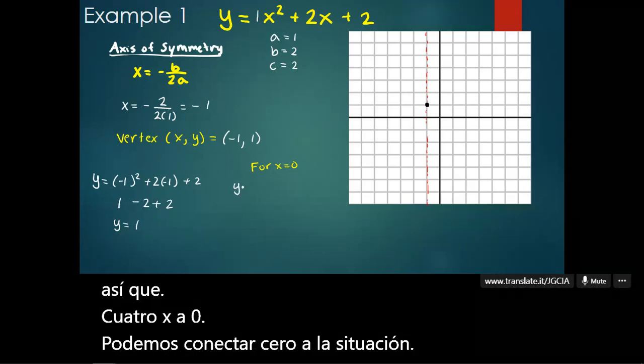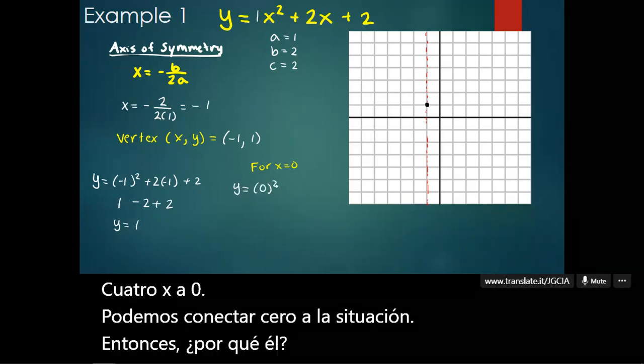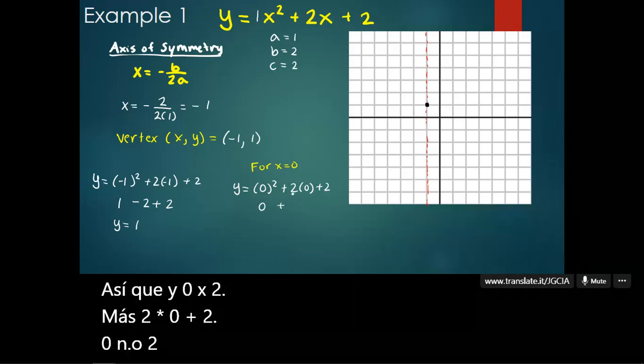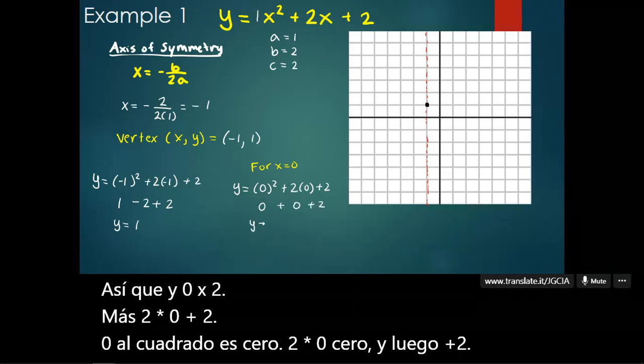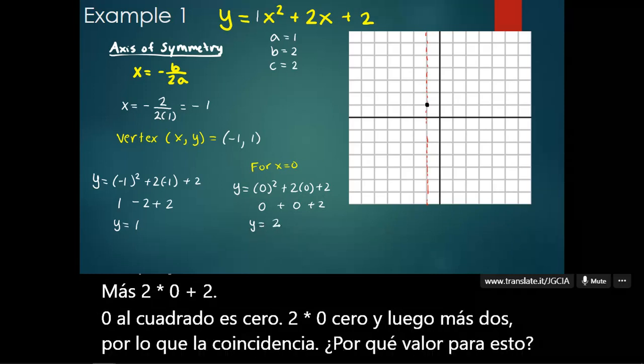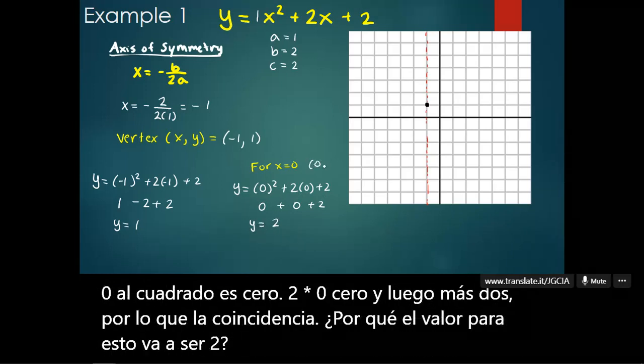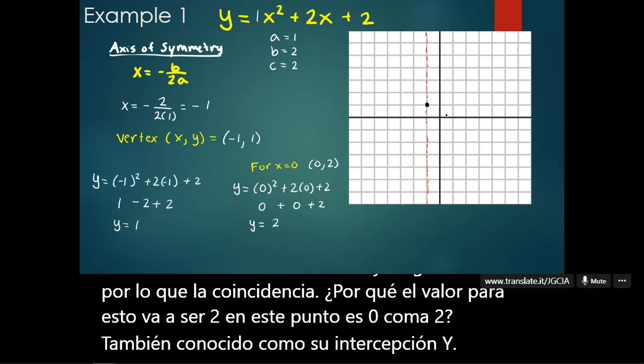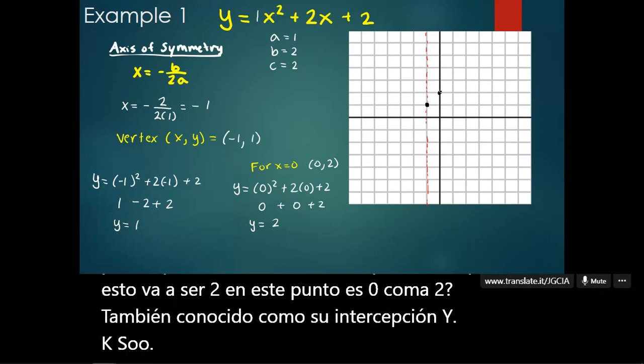So y equals 0 squared plus 2 times 0 plus 2. 0 squared is 0, 2 times 0 is 0, and then plus 2. So the matching y value for this is going to be 2. This point is 0, 2, also known as your y-intercept. Okay, so 0 and 2 is located right here.